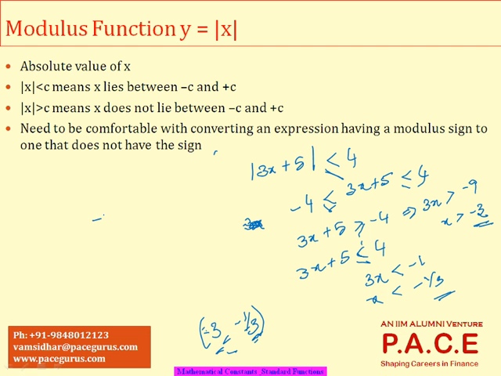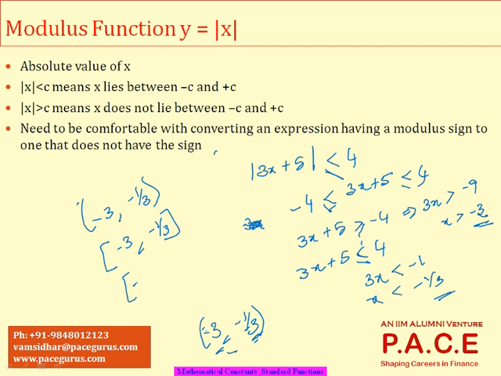If I show with a plain bracket like this, it means both minus 3 and minus 1 by 3 are excluded. But if I represent with a square bracket like this, then it means minus 3 as well as minus 1 by 3, both of them are included.